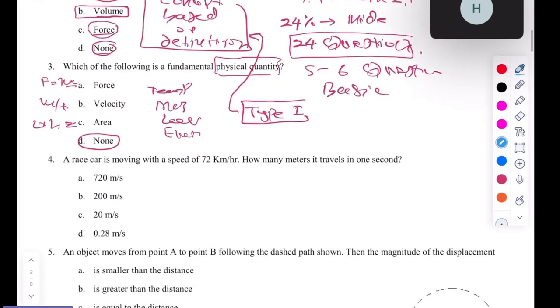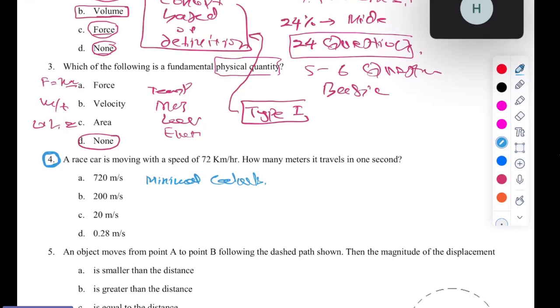Now, question number 4 is very simple, in that it requires minimal calculations. Minimal calculations, just conversion or putting values into the formula.